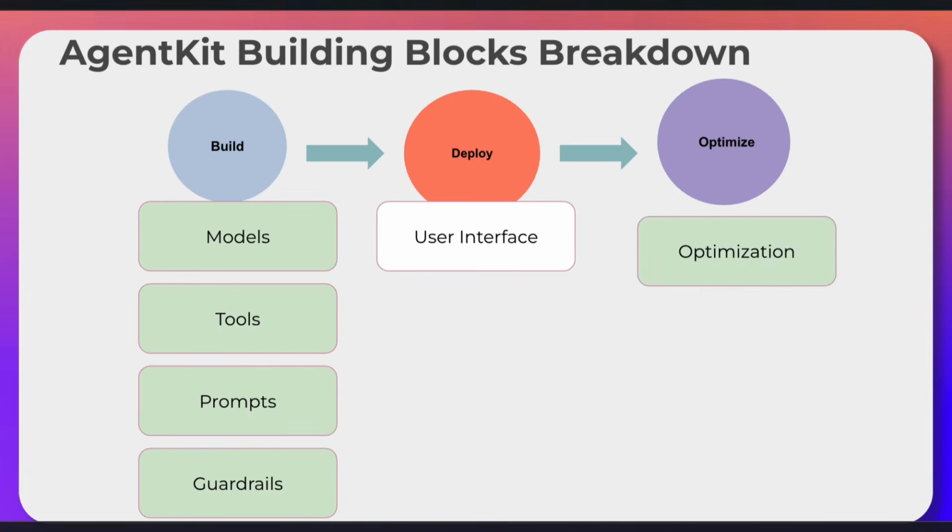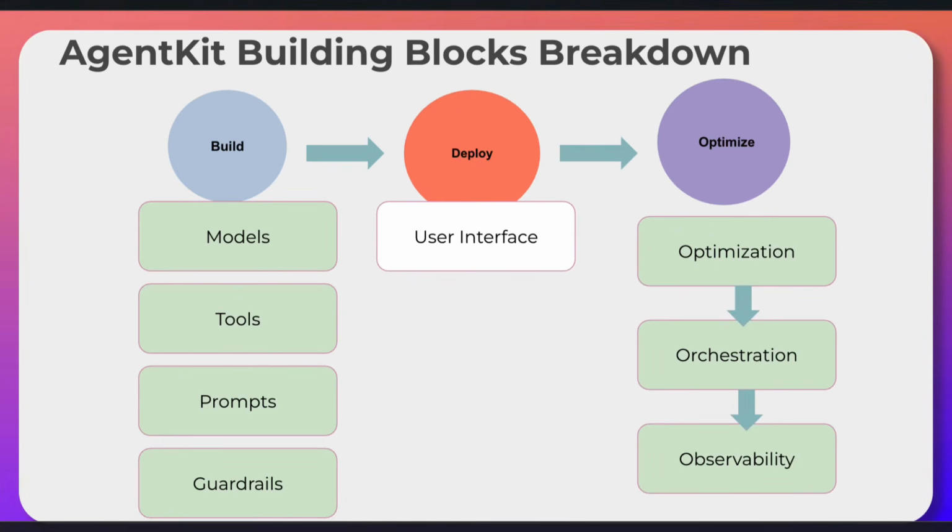The optimization, again, is the part where we are going through the optimization process, making sure that the workflow is actually working optimally. And then, of course, we have the orchestration side of things and observability. This always is an iteration, right? So you go optimization, orchestration, observability, and then you go back until you have a full-on optimal working agent.